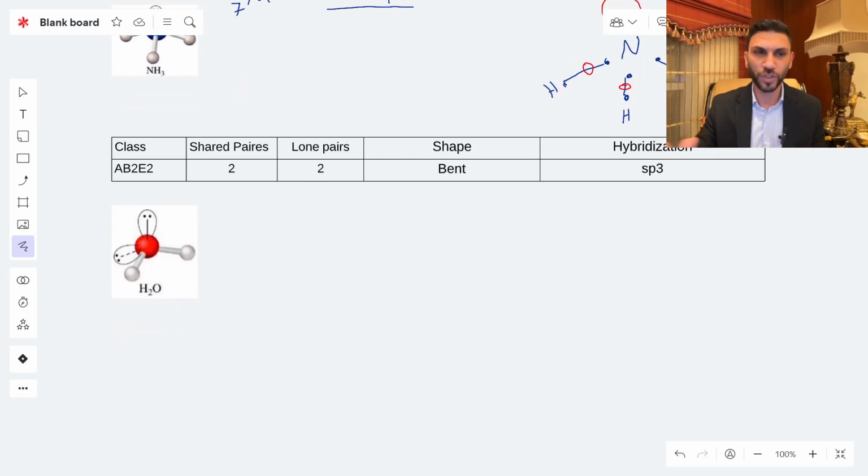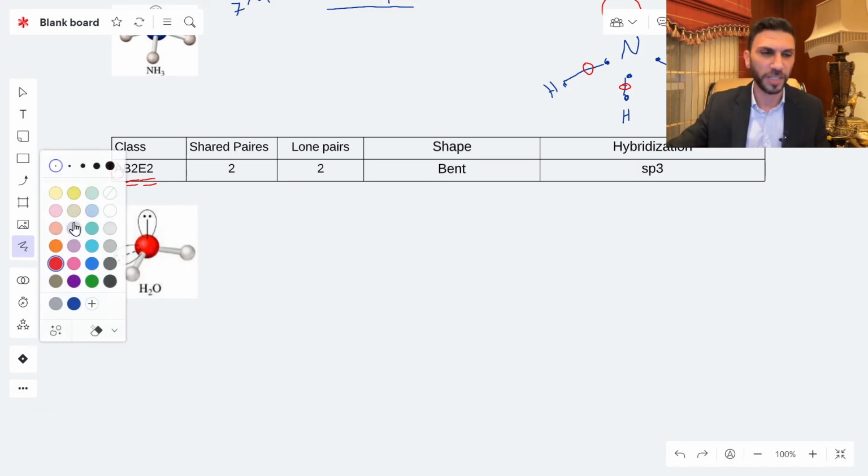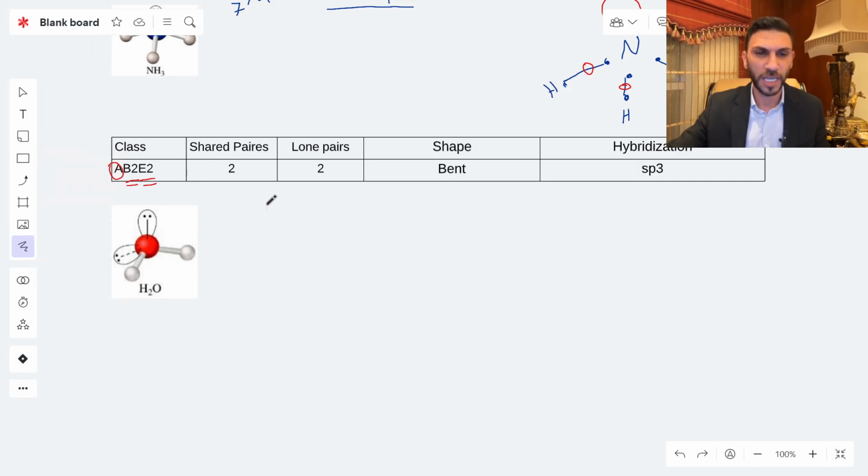Last example for today, it's about AB2E2. That means we have 1 central atom, we have 2 shared pairs, and we have 2 lone pairs. An example of this is water, H2O, oxygen. If we need to write the electron configuration for the oxygen, it has 8 electrons, so it's going to be 1s2, 2s2, and 2p4.